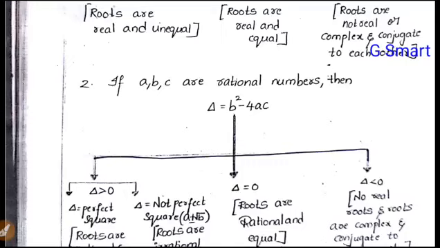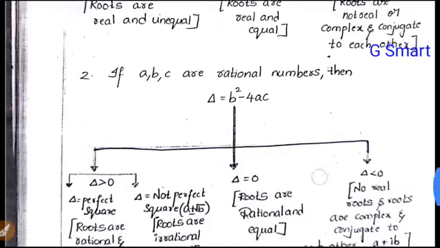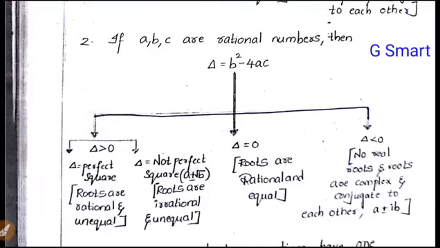If the discriminant is greater than 0, meaning positive, and it is a perfect square, meaning 1, 4, 9, 16, 25, then the roots are rational and unequal, meaning 1 by 2 comma 1 by 5, 1 by 4 comma 1 by 9, 2 by 3 comma 5 by 9. We can take examples like this.